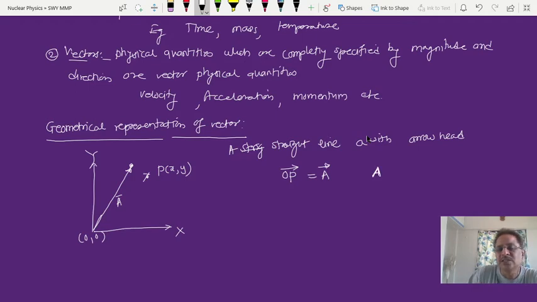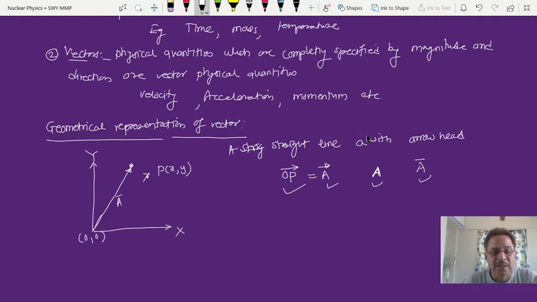Sometimes we use A bar, and some people only write A bar like this. This is a vector, this is also a vector, and so is this. So no need to worry about whichever symbols are used. This representation of a vector on the graph or on paper is done by this method.